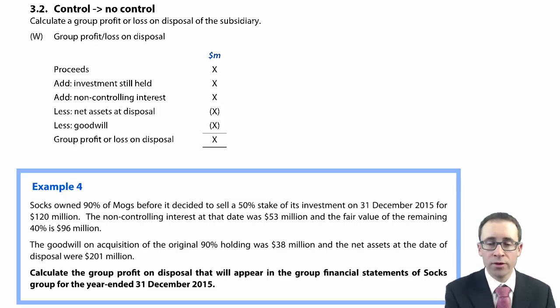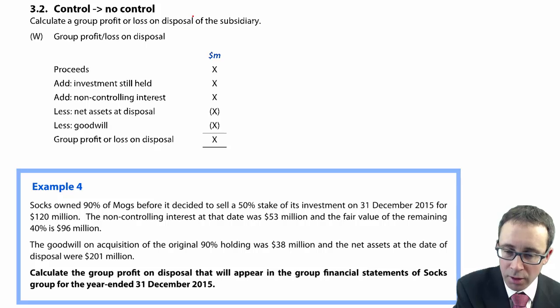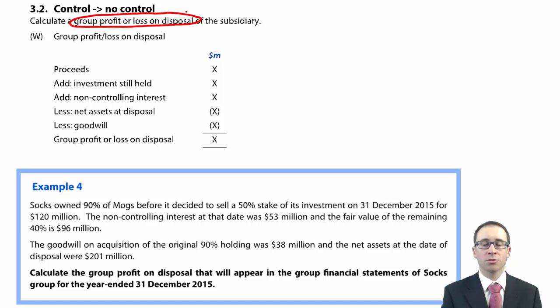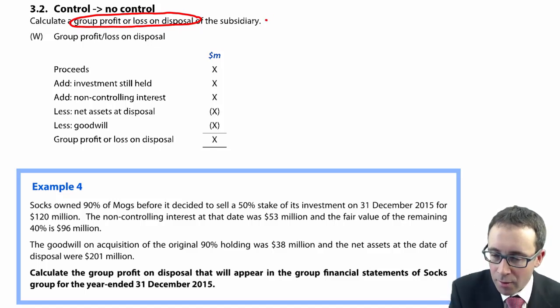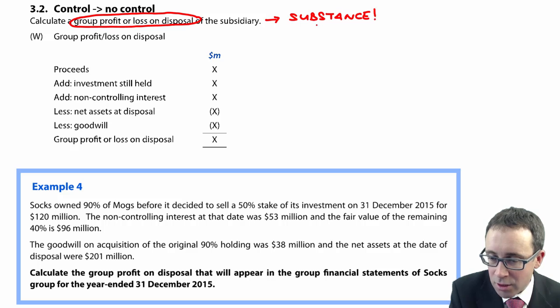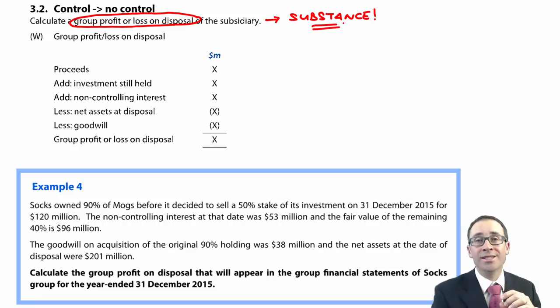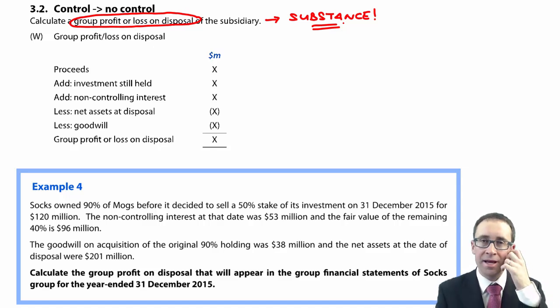So what we're going to do is work out a profit or loss on disposal. But the key bit is that you have a group profit or loss on disposal. And when we talk about a group profit or loss on disposal, we're looking at the economic reality, which is referred to in the accounting world as looking at it from a substance perspective.